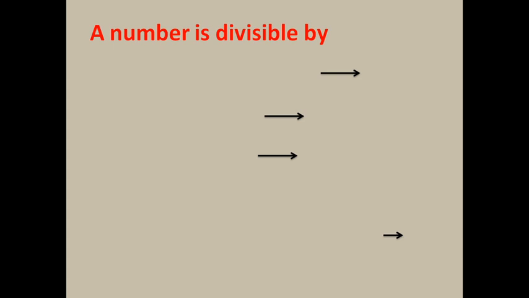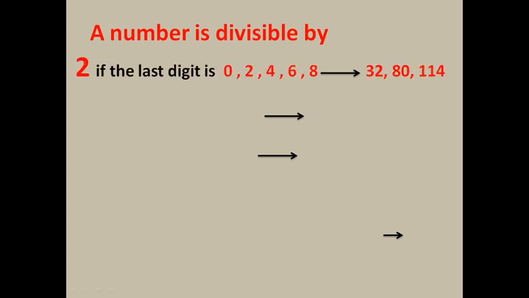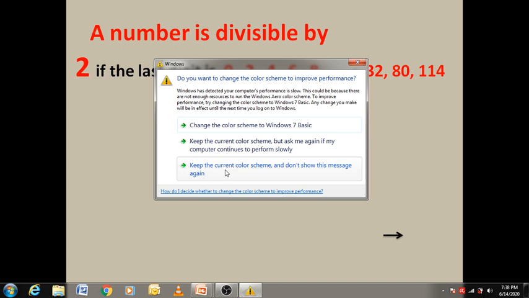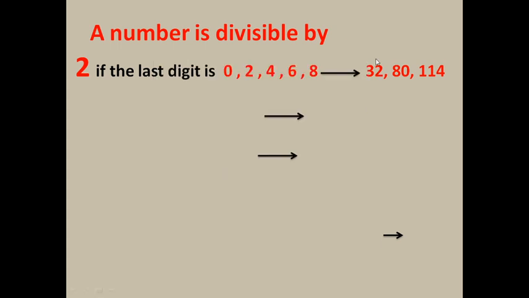Now a number is divisible by 2 if the last digit is 0, 2, 4, 6, 8. If the number ends with any of these digits, this number is divisible by 2. For example, 32 ends with 2, so 32 is divisible by 2.